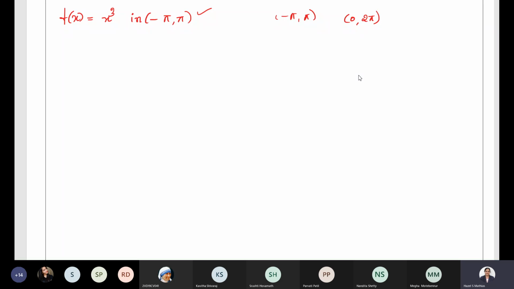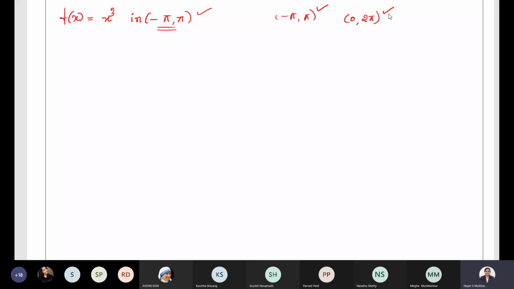Whenever a question is given, we need to check the interval, and depending on the interval, we can find the odd and even nature. Solving the questions, the formula, everything is easy. So let's discuss this question.